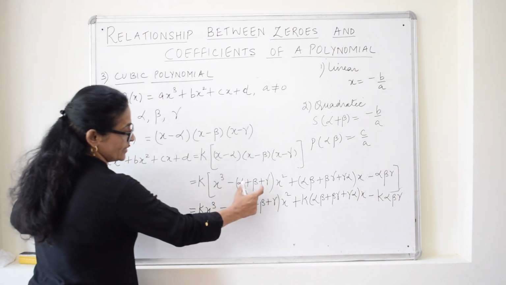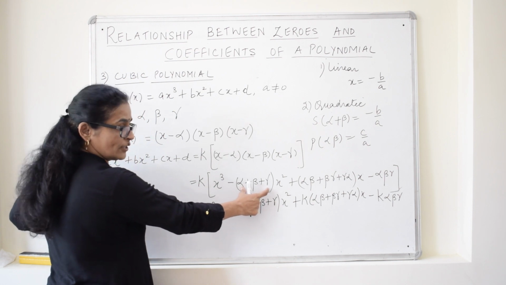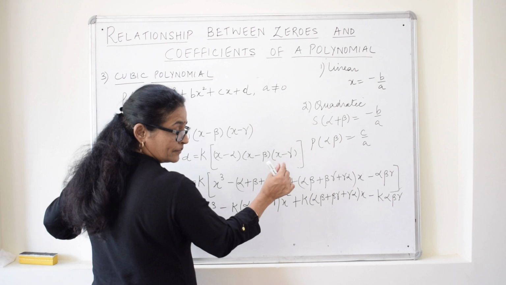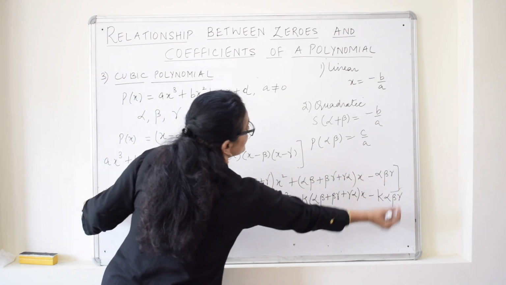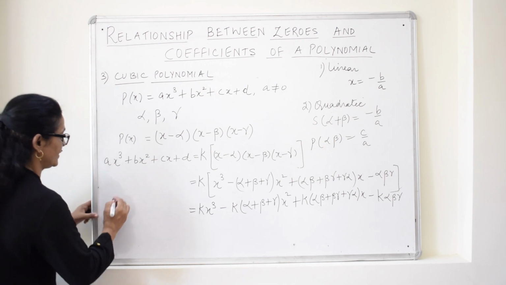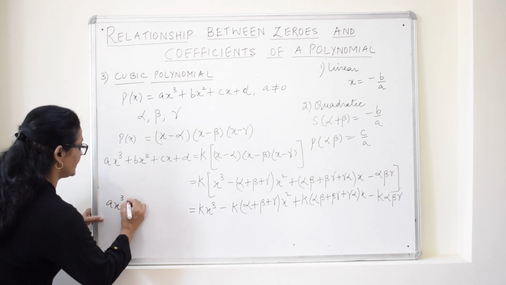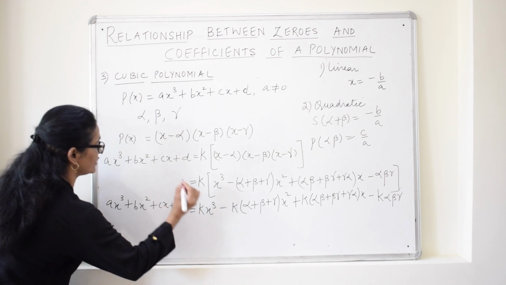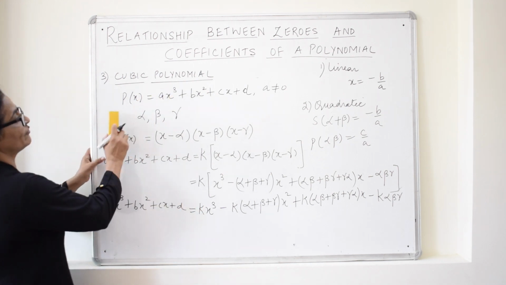This, if you notice, is the sum of three zeros. This is sum of two zeros at a time. This is product of zeros. Okay. Now we will compare the left hand side with the right hand side and we will get the relationship between the zeros and the coefficients.